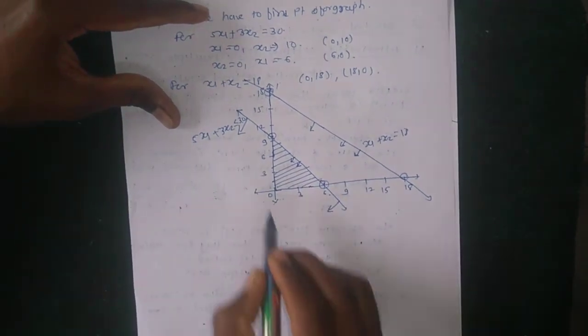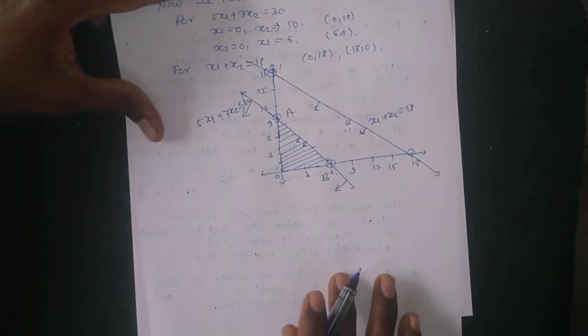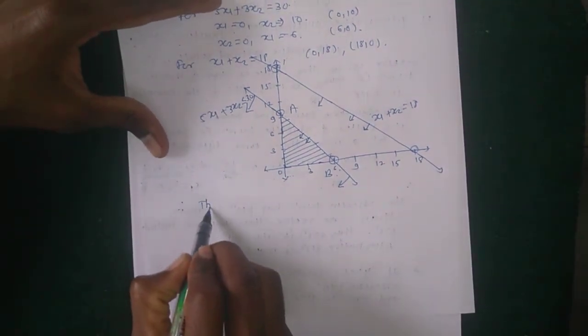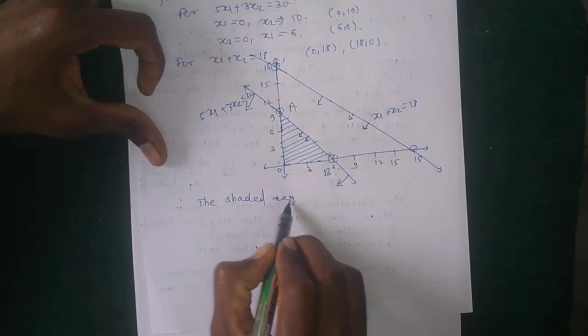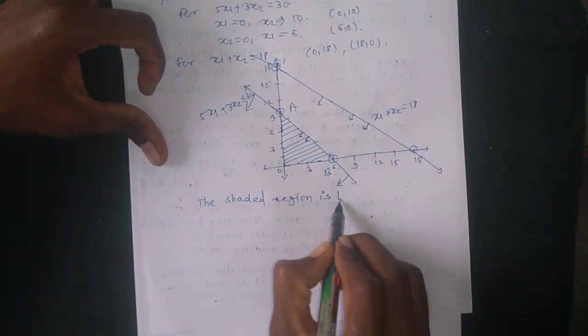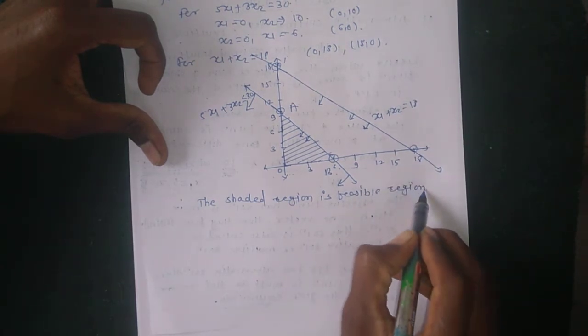This is our common region, with O, A and B. Therefore the shaded region is the feasible region.